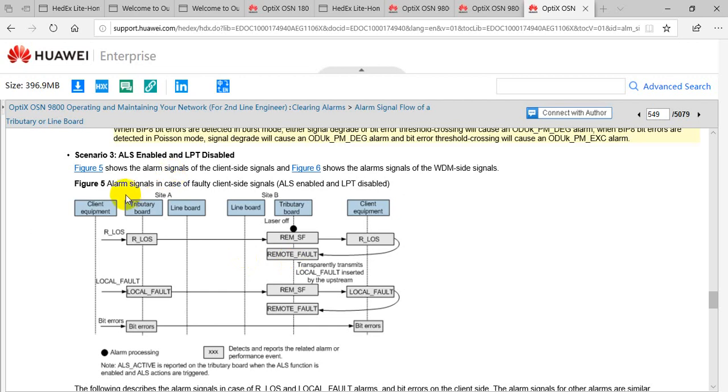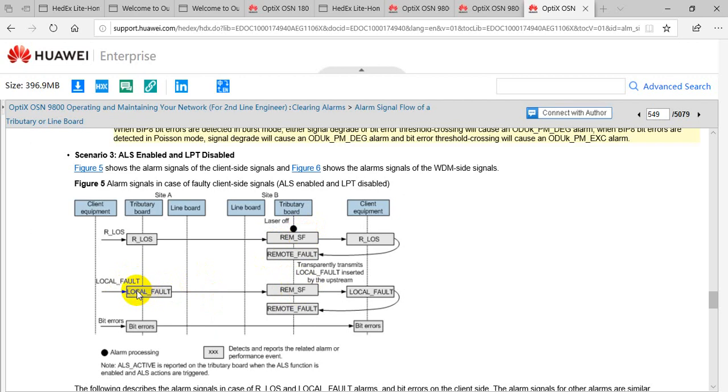So if this operator owns only this much, there will be R loss at one end, and at the B end remote SF and remote fault, and additionally the laser will be off by the action of ALS, automatic laser shutdown. Then there will be a trigger of ALS enable, some kind of trigger in the NMS. For local fault it is remote SF.